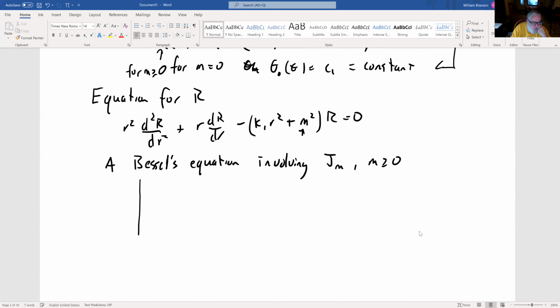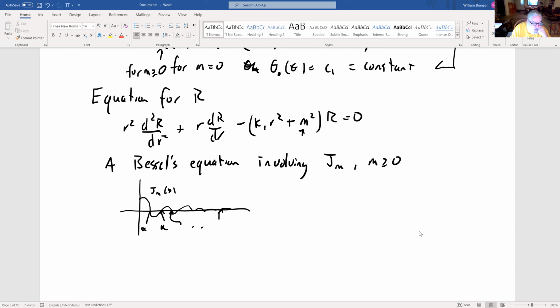We will point out that every function J sub m looks like a decaying exponential, although it's not, and it actually has a bunch of different zeros, dot, dot, dot.